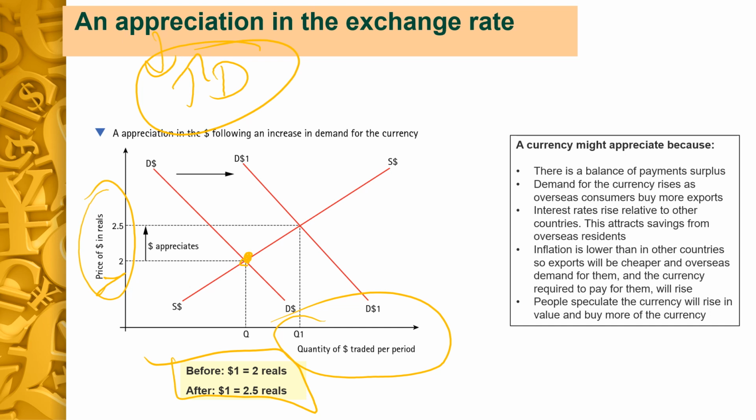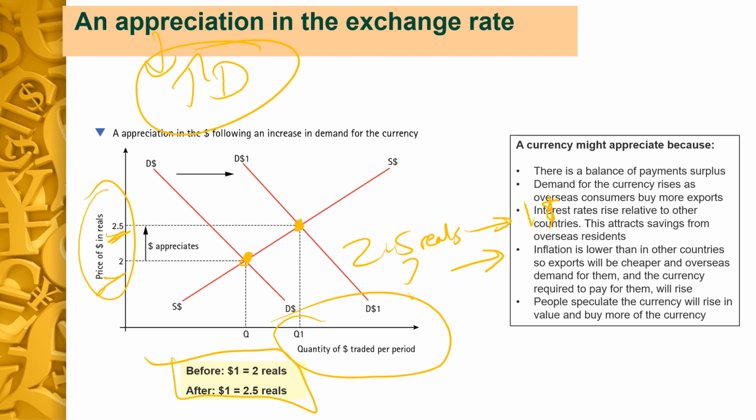After the appreciation of the dollar, I had a new equilibrium. Every 2.5 reals were equal to $1. So now the Brazilian consumer has to pay 2.5 reals in order to get $1.